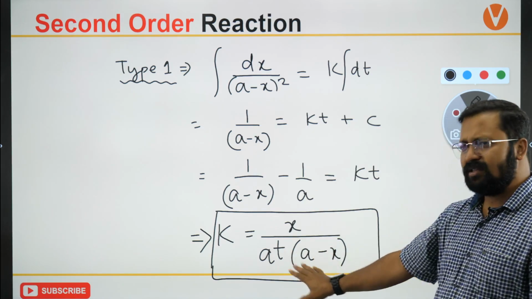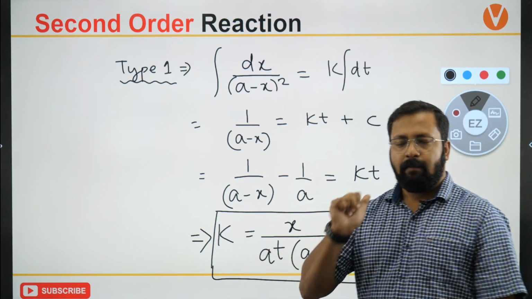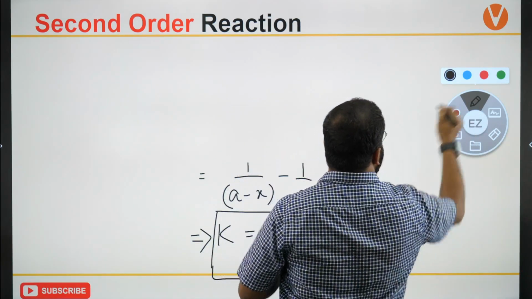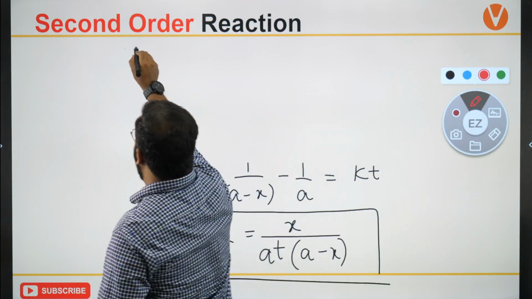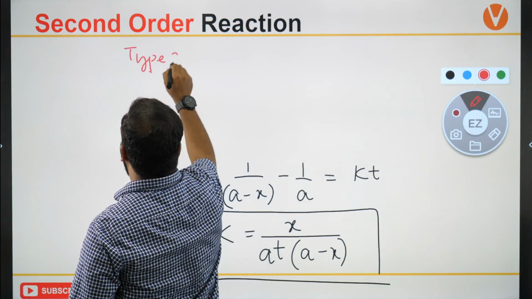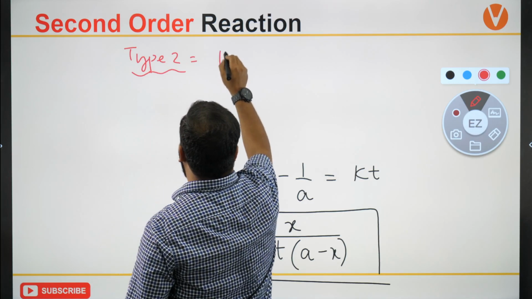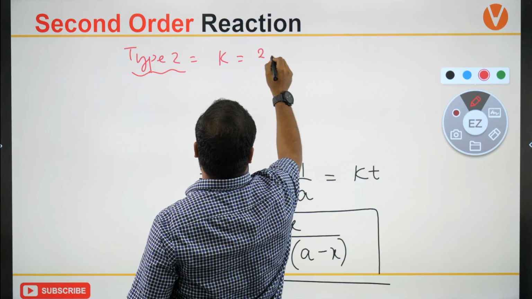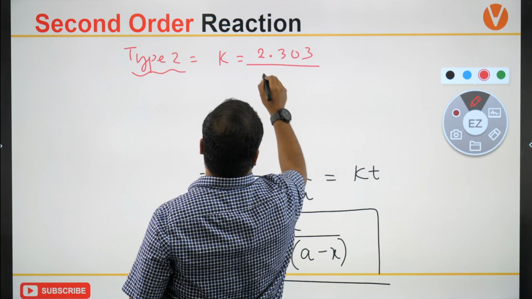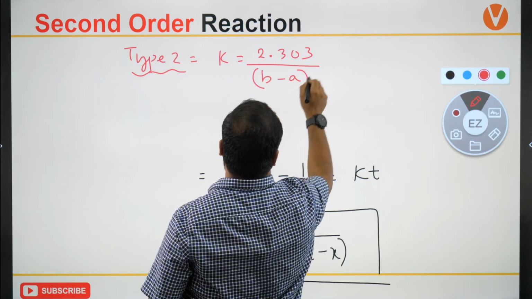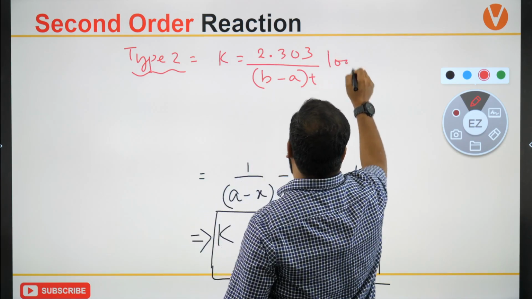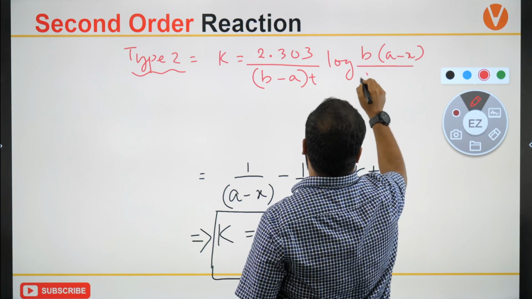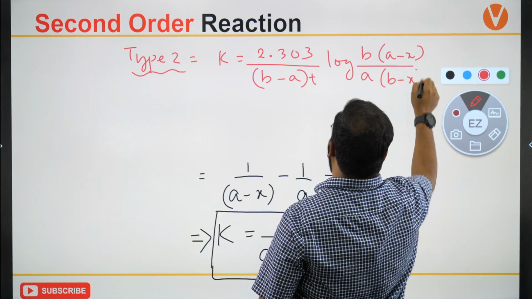We'll use just this one to a greater extent, but for the second one, we would be getting this expression. For type 2, I'll be getting this expression. K is equal to 2.303 by b minus a times t log of b a minus x by a b minus x.